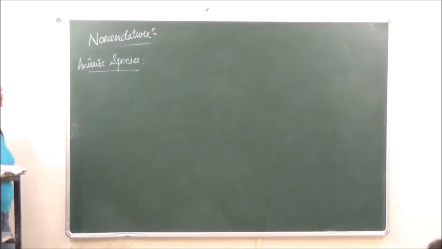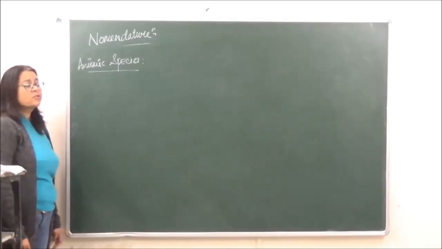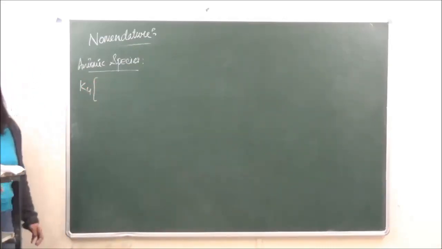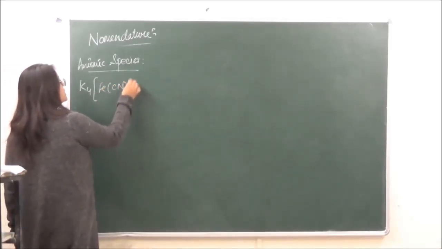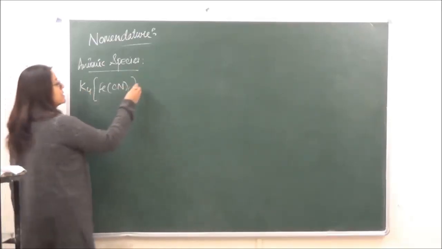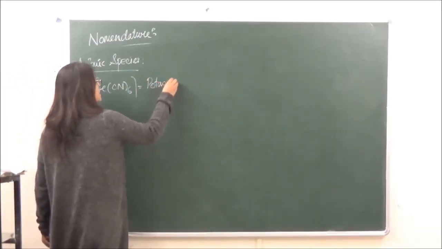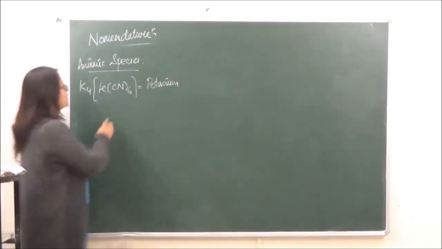Over here, the coordinate entity is going to have a negative charge and the counter ion is going to have a positive charge. So we're taking the first example, K4 Fe CN whole 6. Over here, you will first name potassium. Give a little space between the counter ion and the coordinate entity.